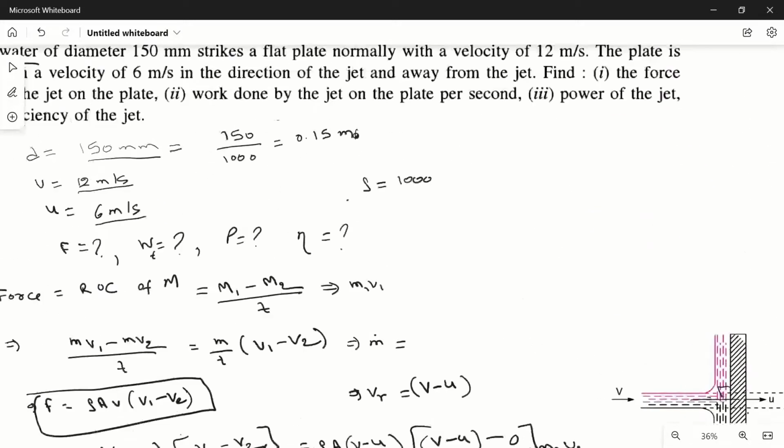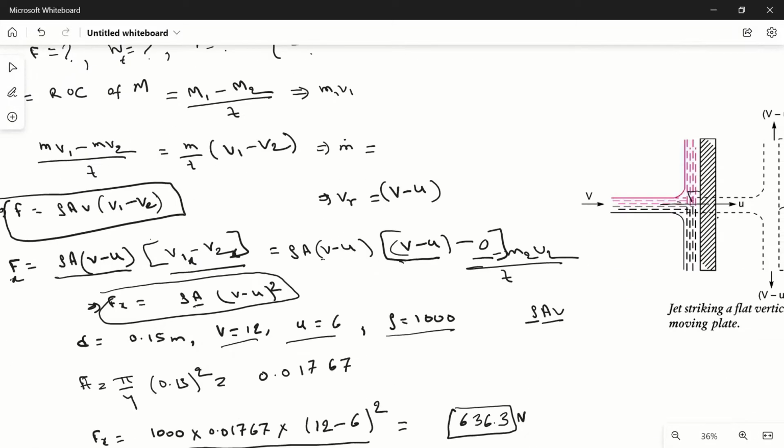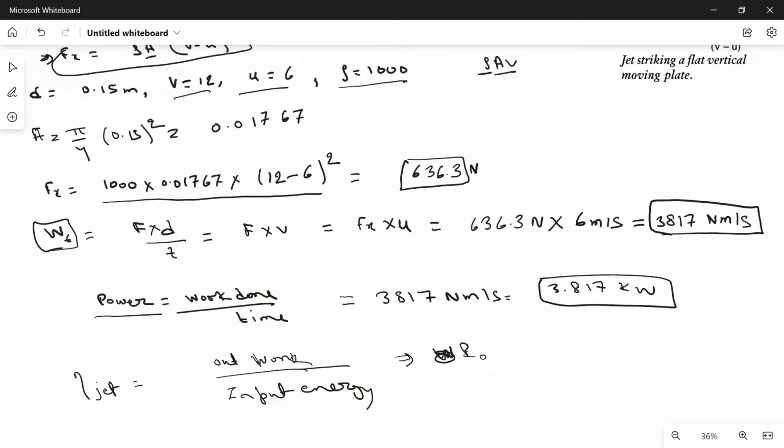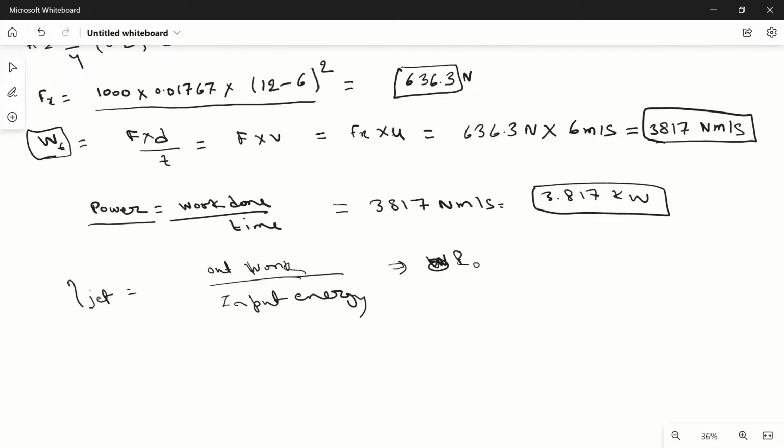Then we have to find next efficiency of the jet. So what is the efficiency eta of the jet? Efficiency is output power, output work or energy upon input energy. So we have already calculated W output or energy output, which was equal to 3817 Newton meter per second.